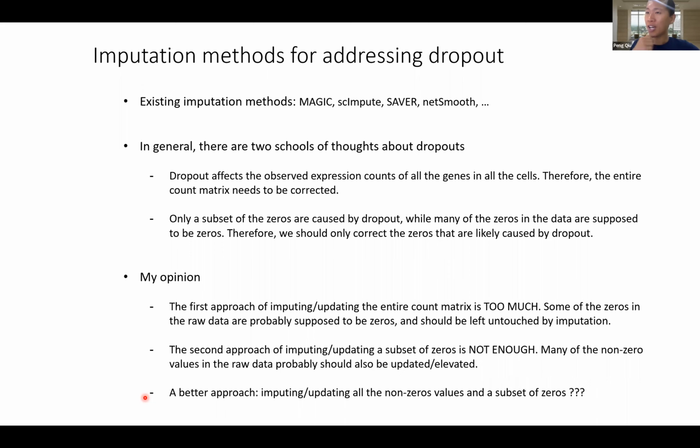I actually have this slide from my SISG presentation two years ago, with the same question here. I've been thinking about how I would implement and design an imputation algorithm that behaves like this. Two years have passed, and there's still a question mark in my mind. But I think this is something interesting to think about, and I have not given up on it yet.